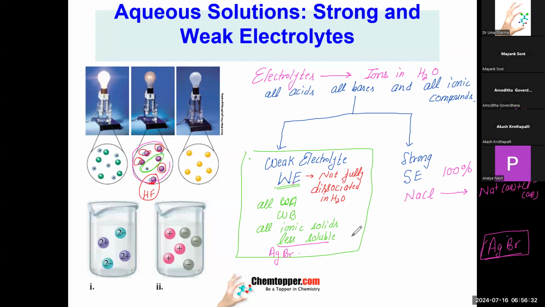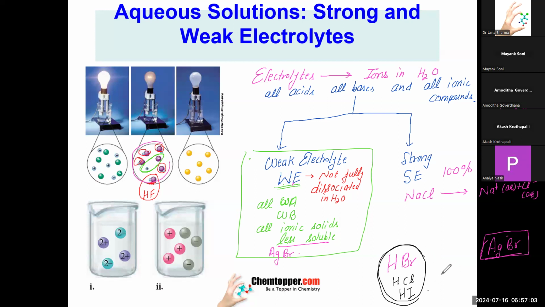Okay. Now let's check. HBr. Check your list of polyatomic, strong acids and weak acid. HBr, strong acid, weak acid. There are only 3 non-oxo strong acid. HBr, HCl, HI. Rest all are weak, only these 3.